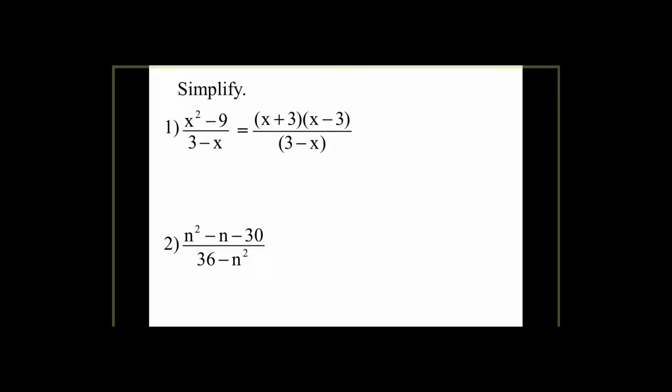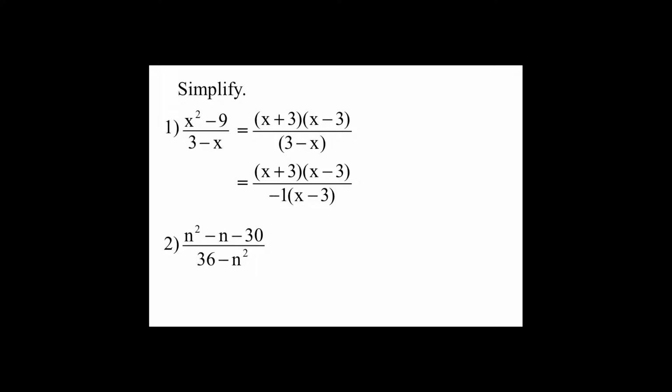So I take x plus 3 times the quantity of x minus 3, and instead I'm going to divide out a -1, and the opposite would be -1 times x minus 3.